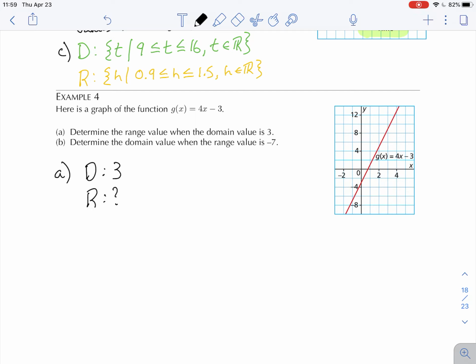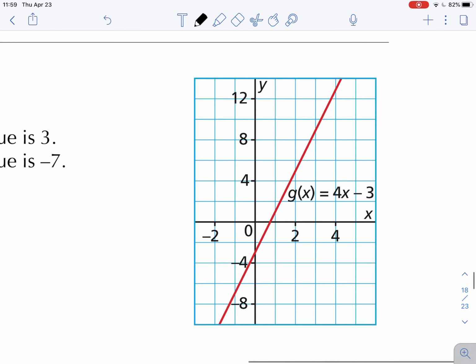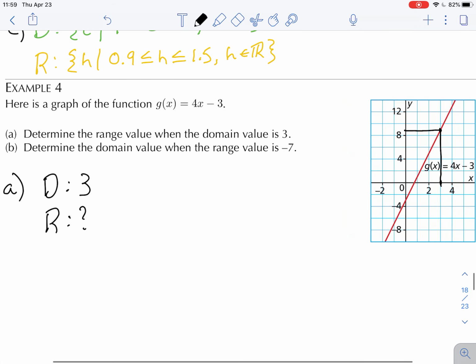So for letter A, our domain value is 3. What is our range value? Well, we can do this on the graph. We look at our domain value of 3. We go up the graph to where it meets the graph, and then we determine our range value. And there it looks like our range value is 9.